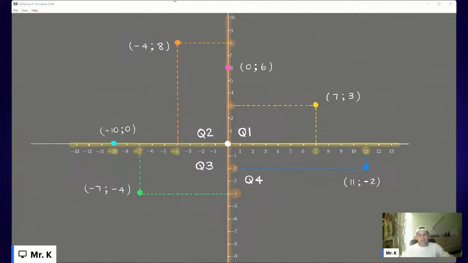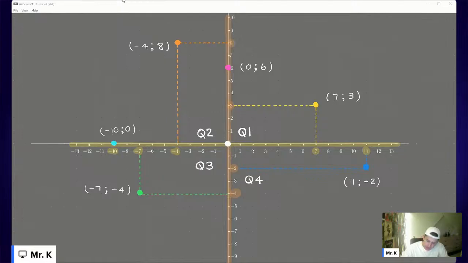So, guys, I want you to remember, yes, we can have points pretty much anywhere on this grid. But what a lot of people don't realize is that this also includes the X or Y axis itself, right?